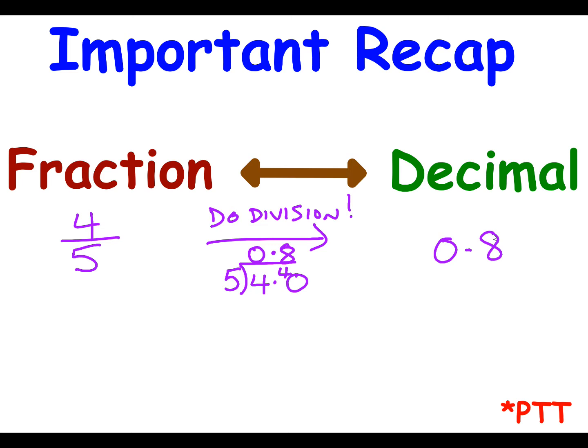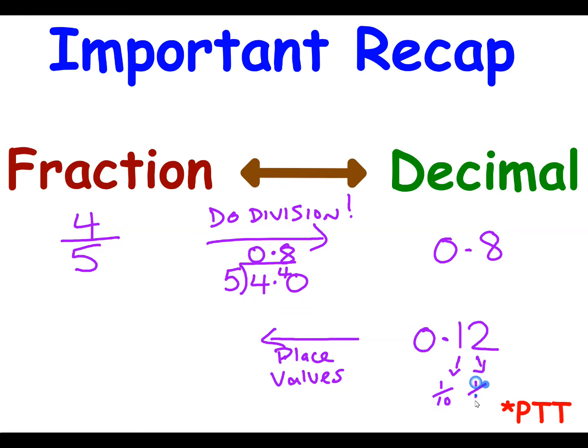When we go the other way and we convert a decimal, let's just say a decimal 0.12, to get it into a fraction, we need to know the place values. So these are tenths and these are hundredths.